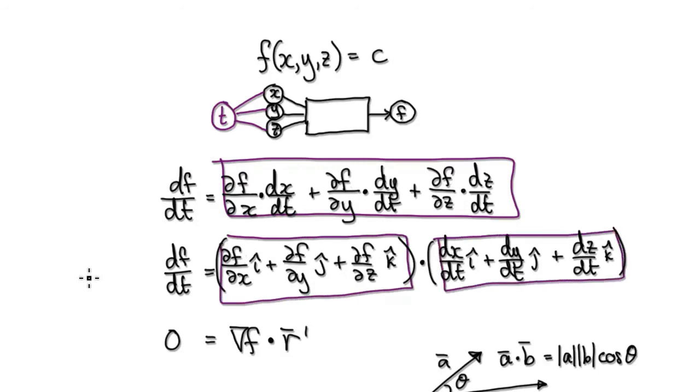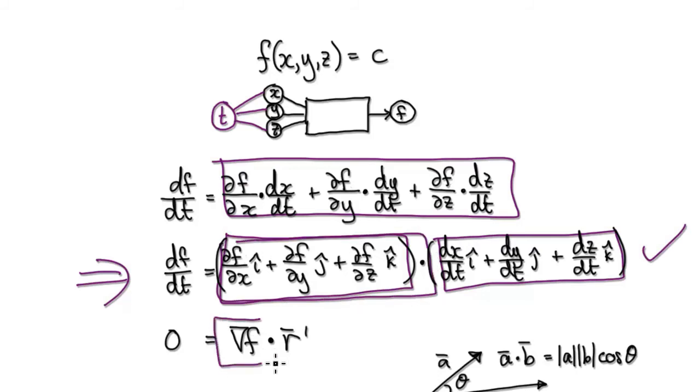We've done this before, and I'm expecting you to know this by now. We're going to assign a new name for this thing, call it Grad F, and this is our velocity vector.